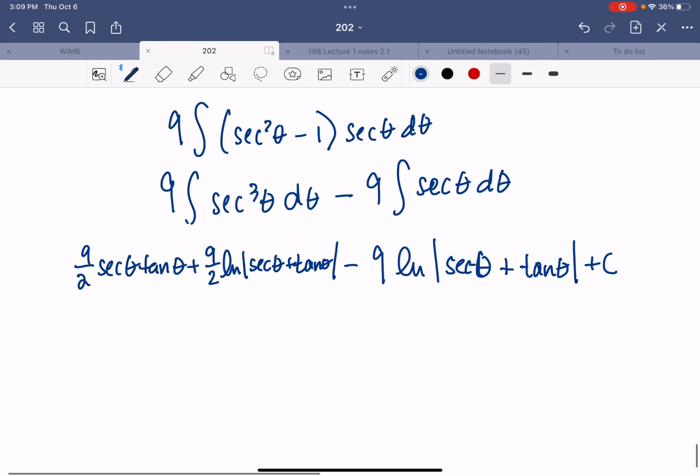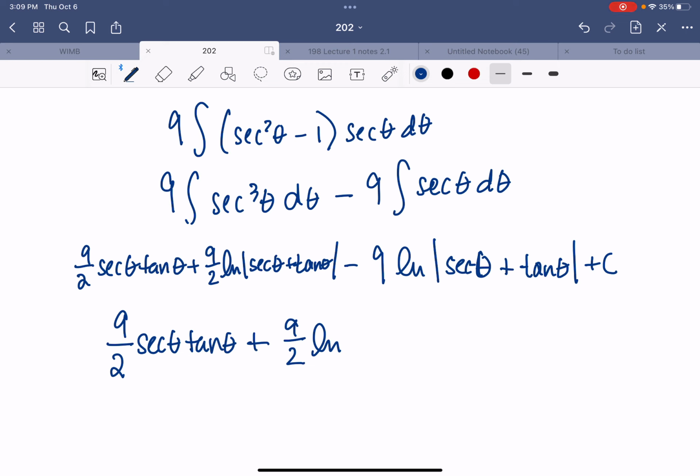And then we're subtracting 9 times the natural log of secant theta plus tangent theta. And this gives us 9/2 secant theta tangent theta minus 9/2 natural log, plus 9/2 natural log of secant theta plus tangent theta plus c. Which seems like a lot of work, but we're still not done.